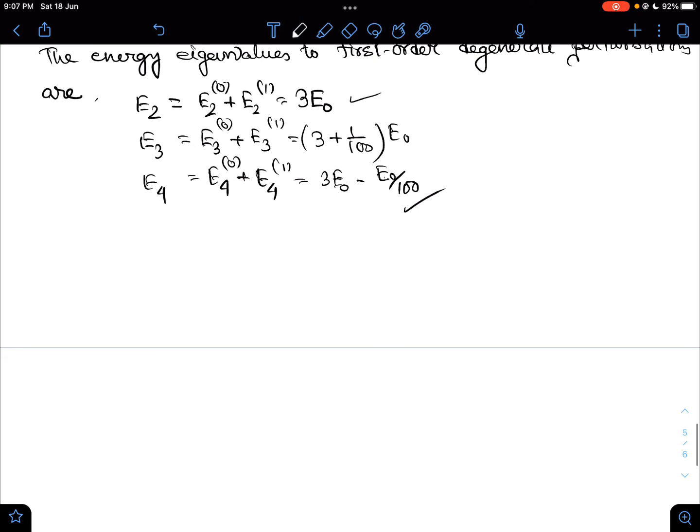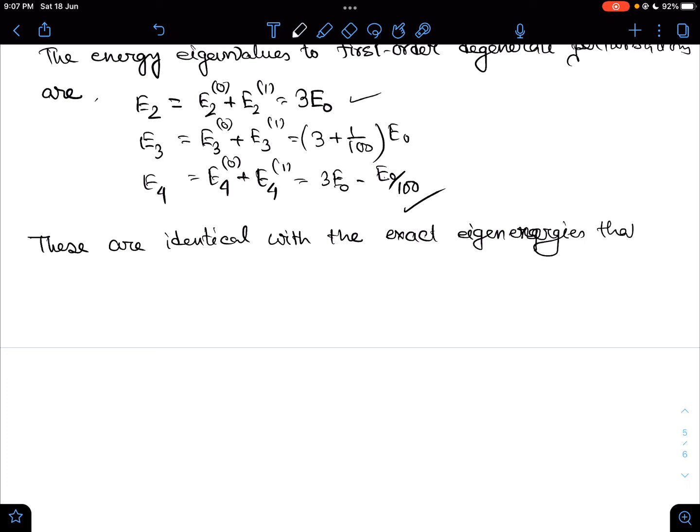So these are identical with the exact eigenenergies that we obtained in A. So that is it for our first problem. We will move on to our second problem.